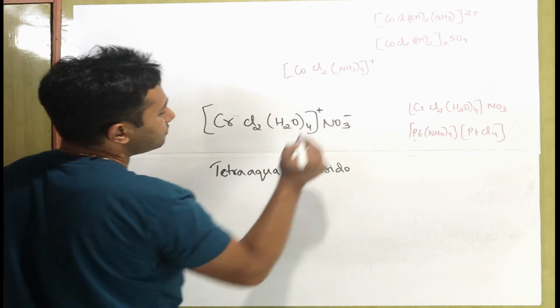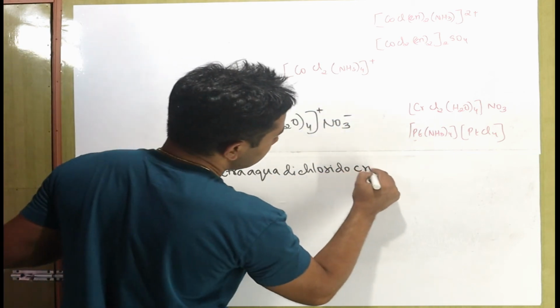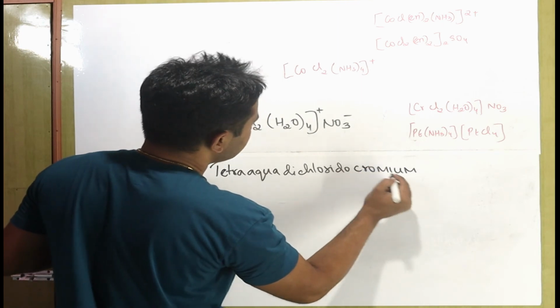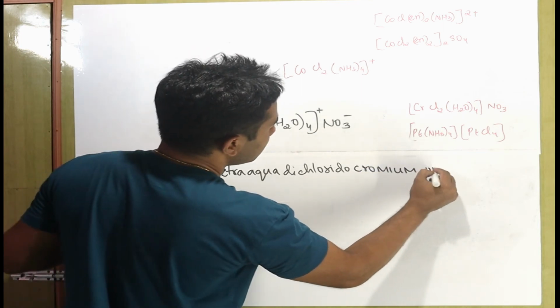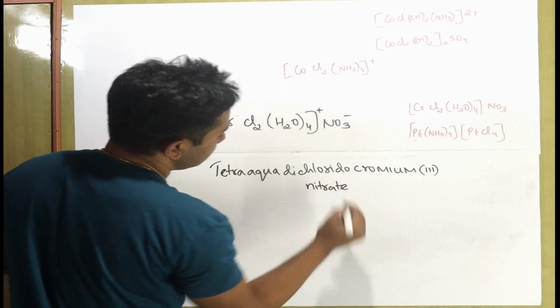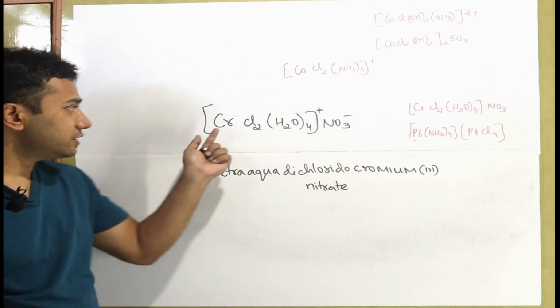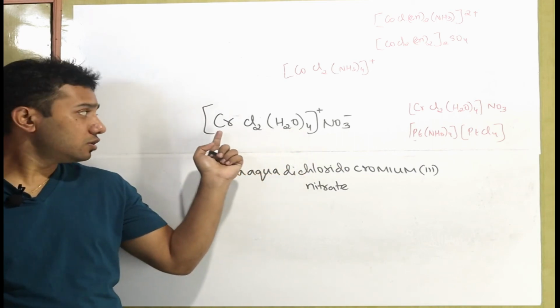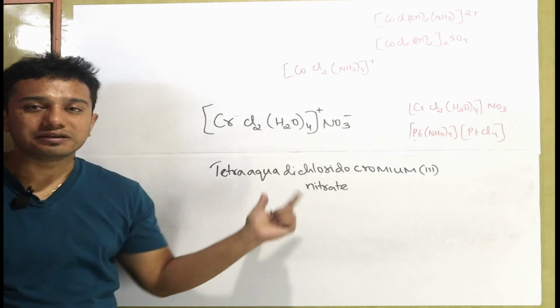NO3 is minus, this will be plus. Chromium 3 nitrate. So we have tetraaqua dichlorido chromium 3 nitrate.